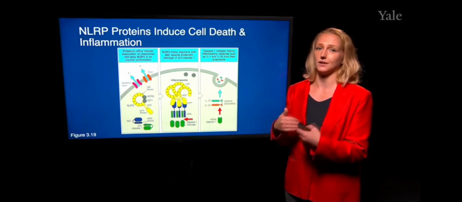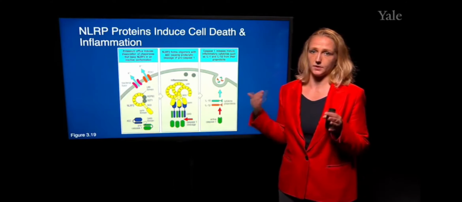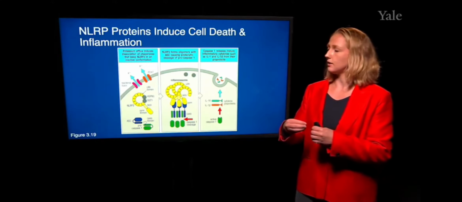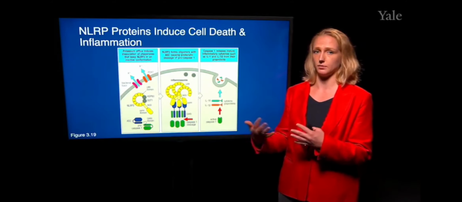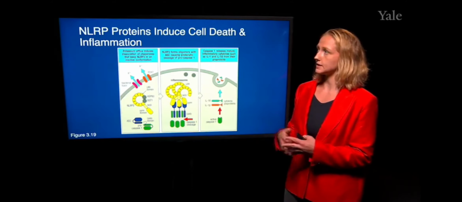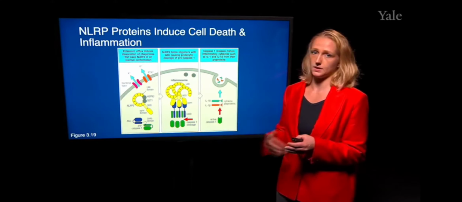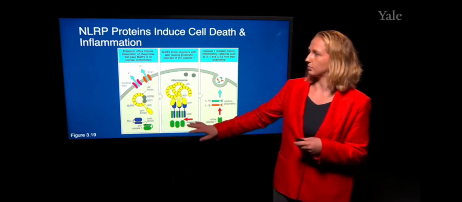So again, NOD-like receptors compared to TLRs, although they have similar functions in triggering the transcription of cytokines and other pro-inflammatory proteins, Nlrs can also trigger the cell death of the host cell by triggering the proteolytic cleavage of procaspase-1.